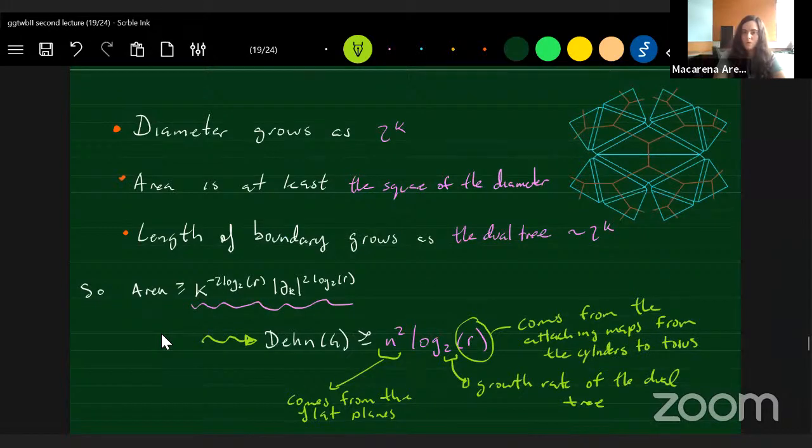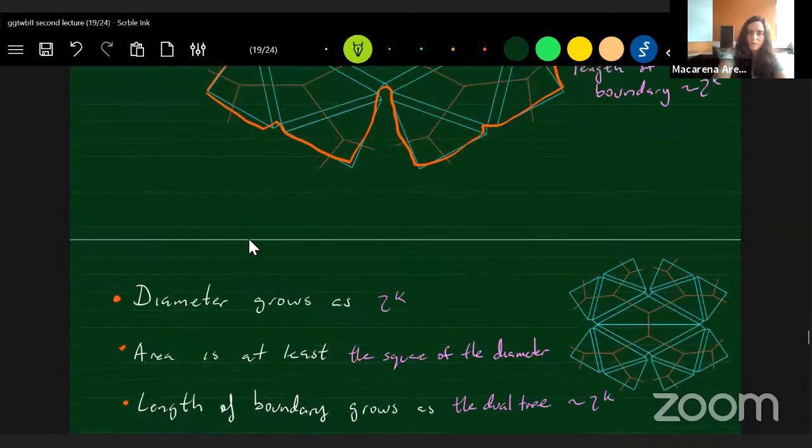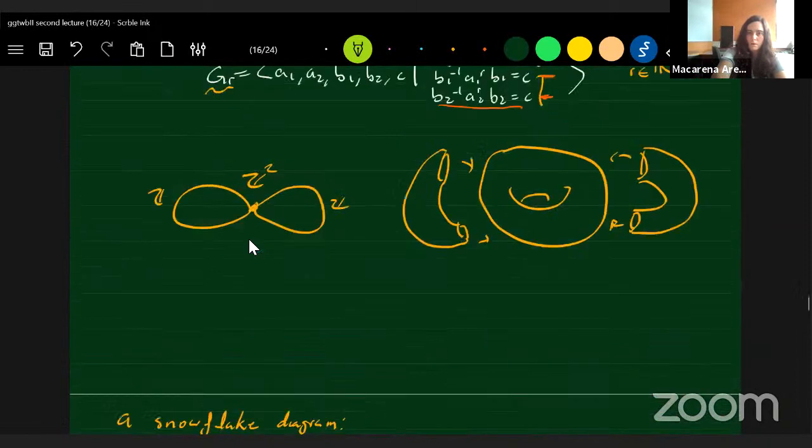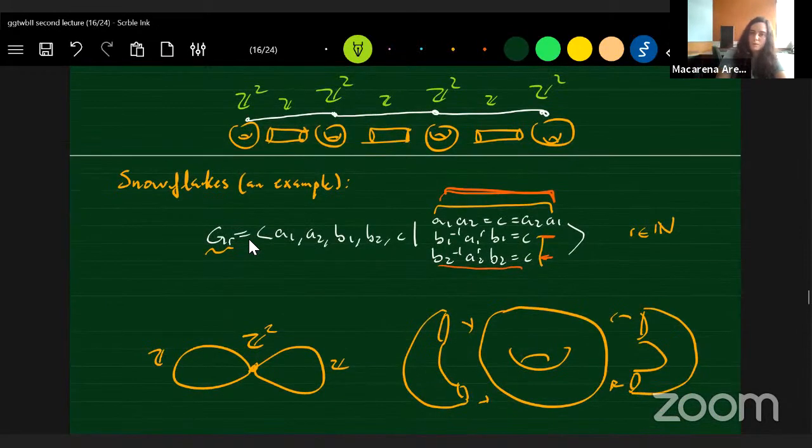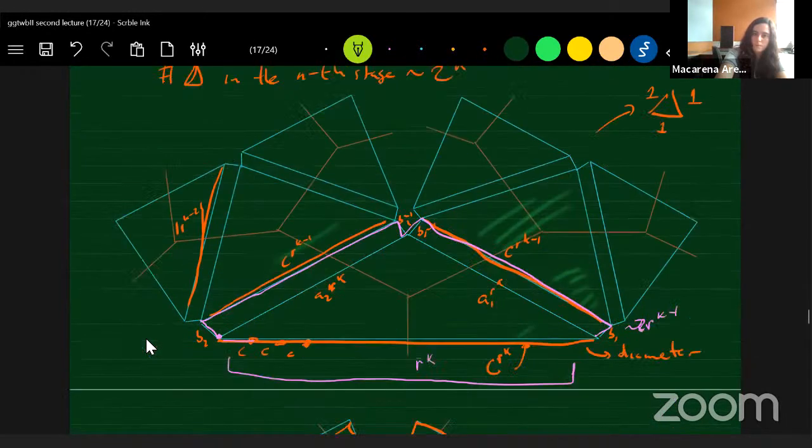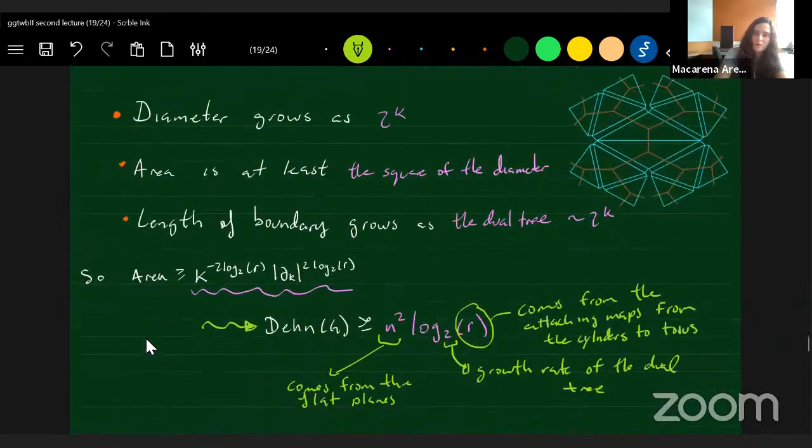So you can also think of the r as, if you remember, the power that we're taking of the A1 and the A2 in this presentation of the group. So this describes more or less how we obtain this estimate on the Dehn function of this class of examples of Snowflake groups.